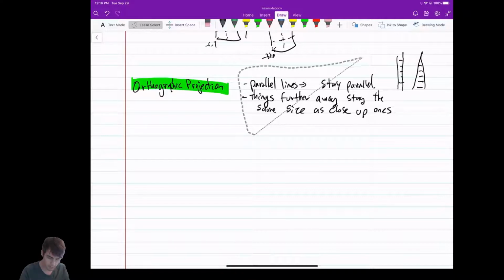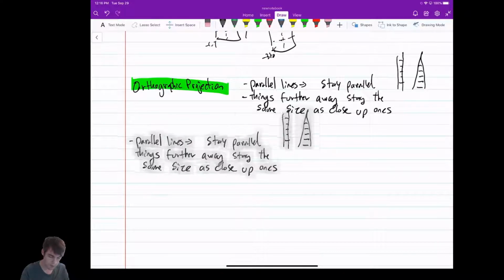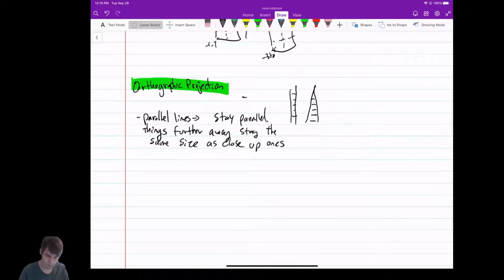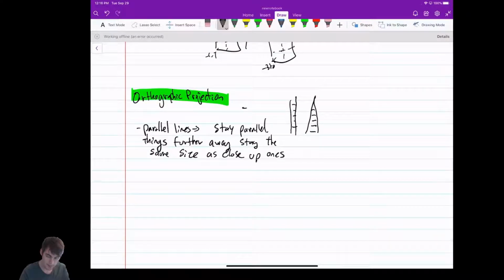I'm gonna reorganize this. There we go. Good. So things further away stay the same size as close-up ones. So what happens here with orthographic is instead of doing something clever, like with perspective, we just collapse the depth onto the camera.